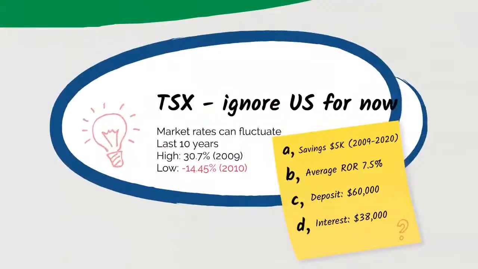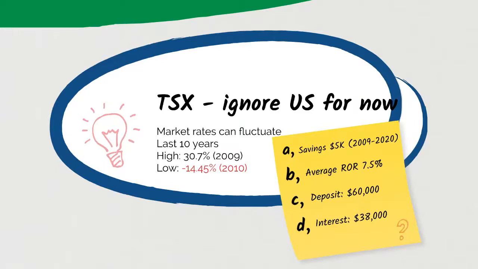When you invest in a TFSA, you try to invest in the stock market, in stocks or bonds. For the purpose of this video, we're going to only take the Toronto Stock Exchange. We're going to ignore the US market for now, or other stock entities around the world.